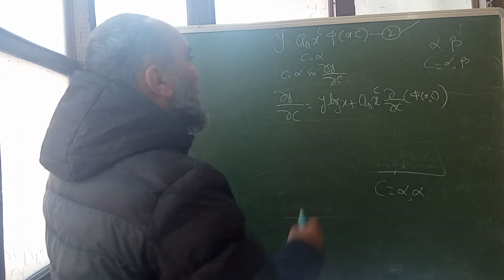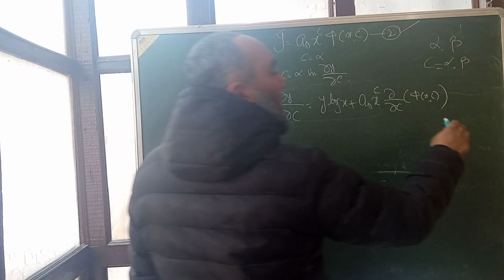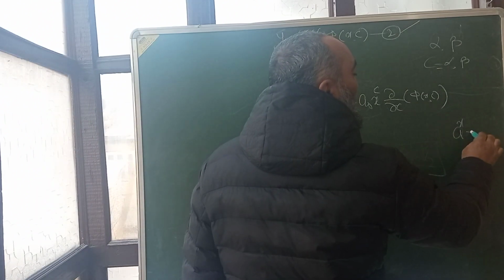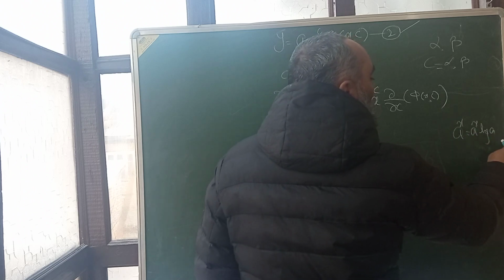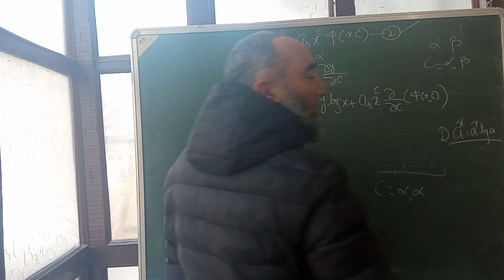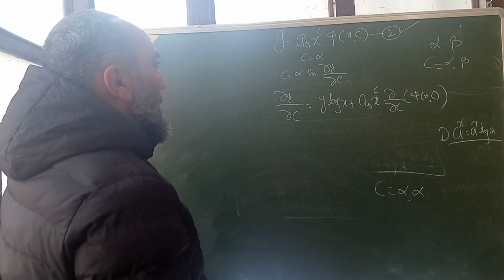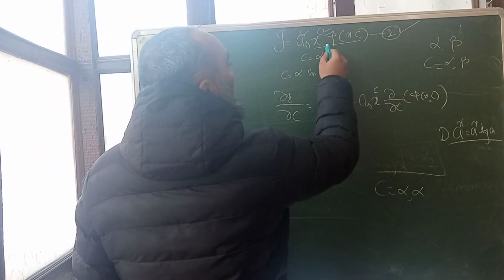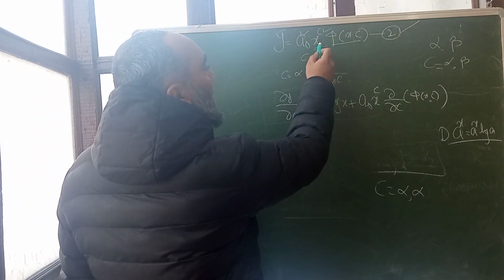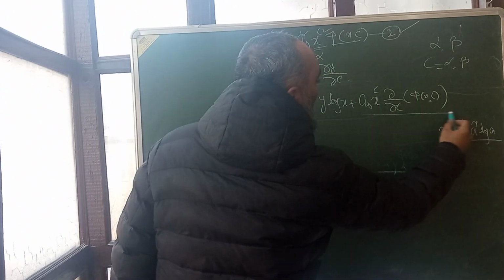Because if you differentiate this with respect to c, you know the differentiation of a raised power x with respect to x is a raised power x log a. So if I differentiate this, you have two different functions. First, you will get a0 x raised power c as it is, times the differentiation of the function of x, c, that is this one.